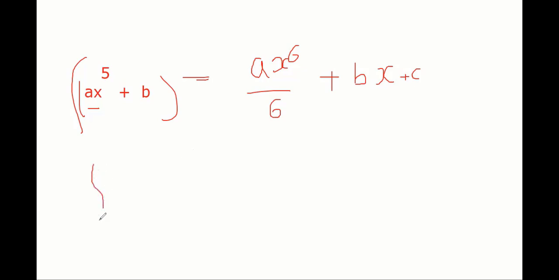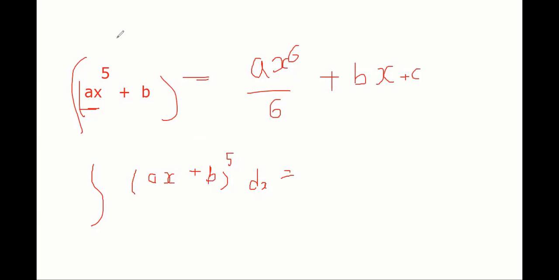But instead of that, if I write it like this, (ax plus b) to the power 5 dx, there's a big difference. Then what will be the integration of this? The difference between top and bottom is very large. This is a into x to the power 5 plus b. This is (x plus b) to the power 5.